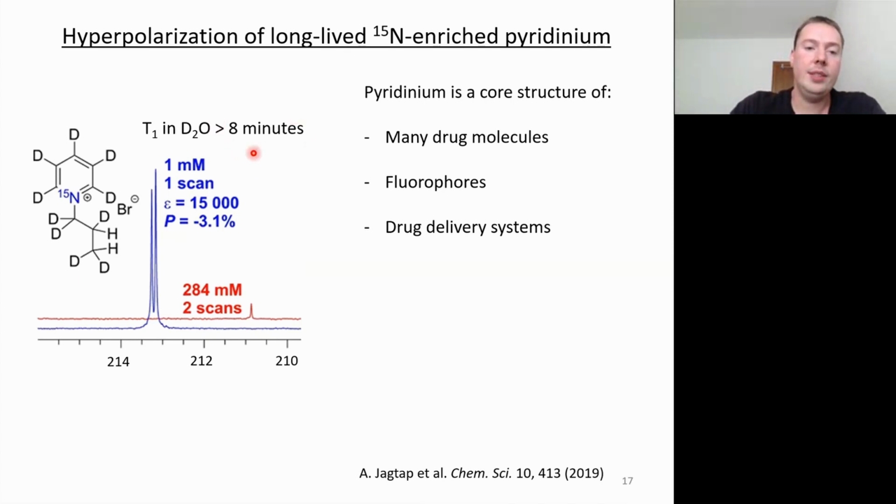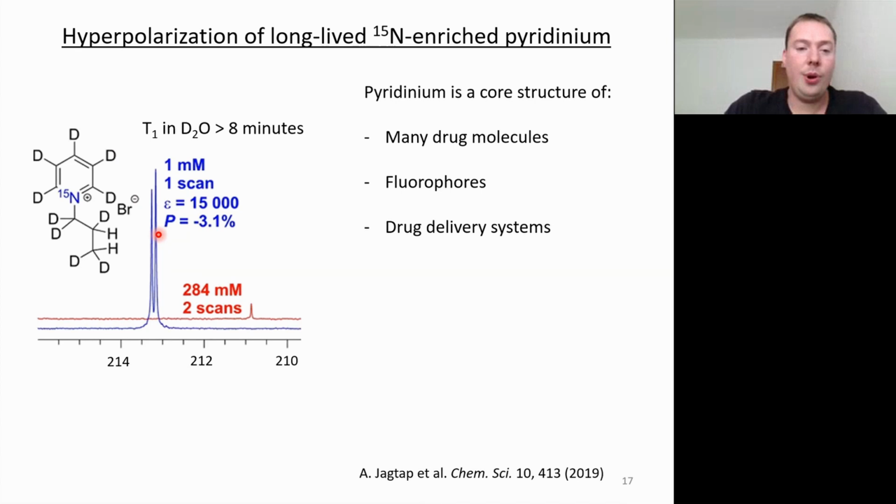We have a T1 of 8 minutes in these fields, and using the same catalyst you've seen before, we achieve very nice polarization levels. From a chemistry perspective, this is right now my favorite molecule, and we're trying to design very interesting probes based on this structure.